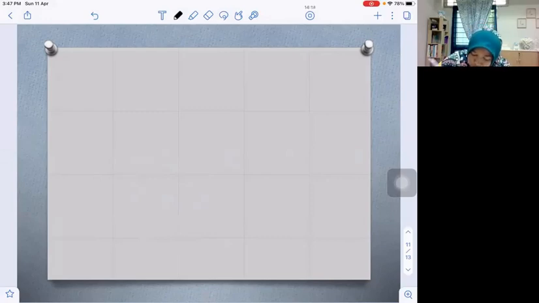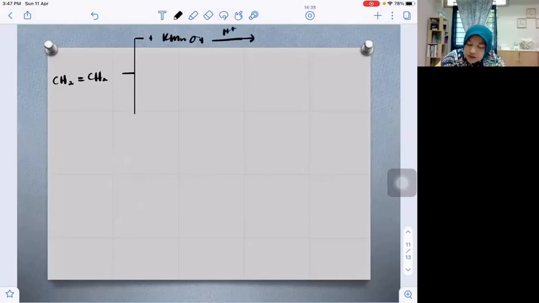So let's say we have ethene, CH2 double bond CH2. When it is reacted, in number 1, with KMnO4, either in acidic or basic, you just choose either one.